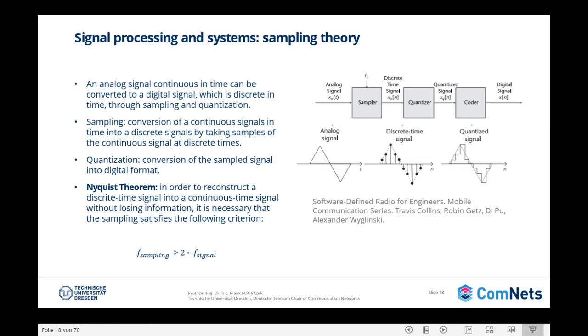This theorem establishes that in order to reconstruct a time-discrete signal into a continuous-time signal without losing any information, the sampling frequency has to be at least twice the frequency of the signal.